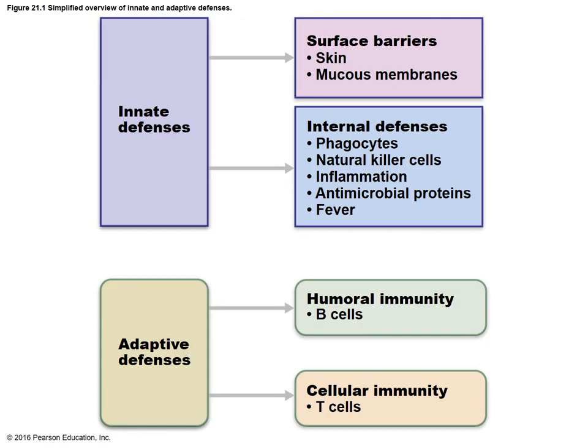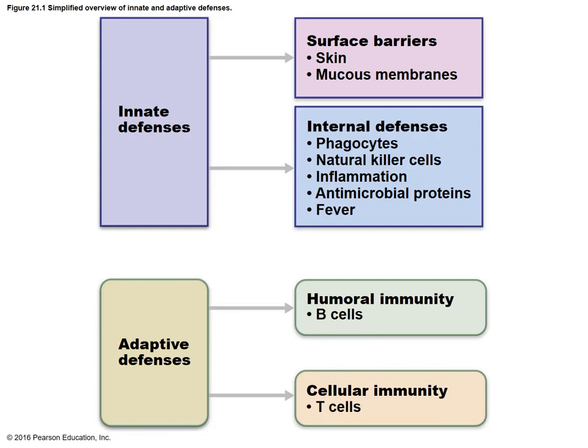A very simplified summary is shown in this diagram. For the innate defense, you have the first line of defense, which is often like a barrier, so your skin and mucous membranes.